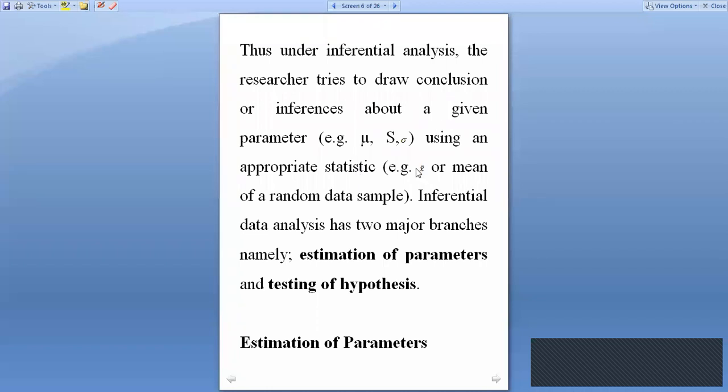As you have seen, each parameter has a corresponding statistic which is used to predict it. An inference is also a prediction. For example, when you talk about the population size, we have what we call the sample size. When you talk about the population mean, we have the sample mean. When you talk about the population variance, we also have the sample variance, and so on and so forth.